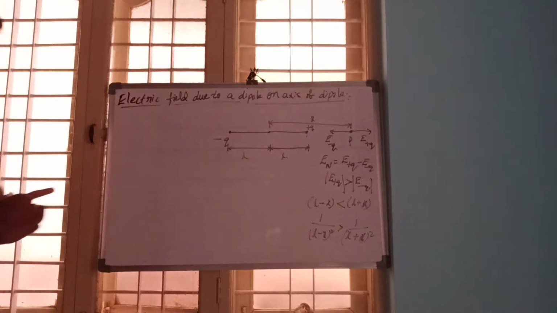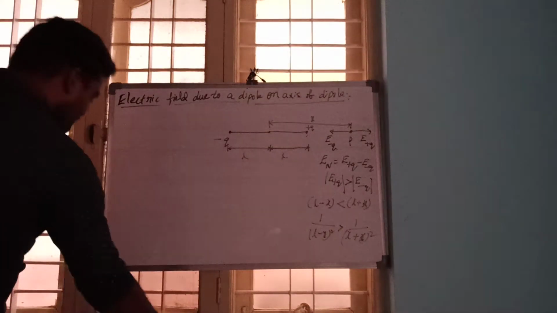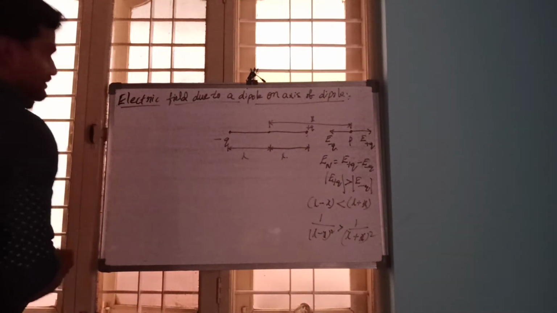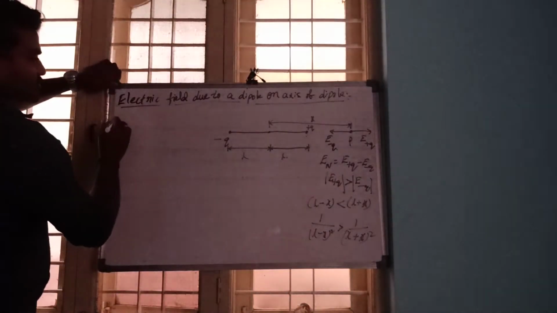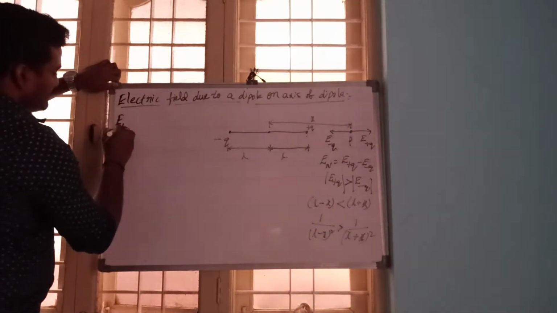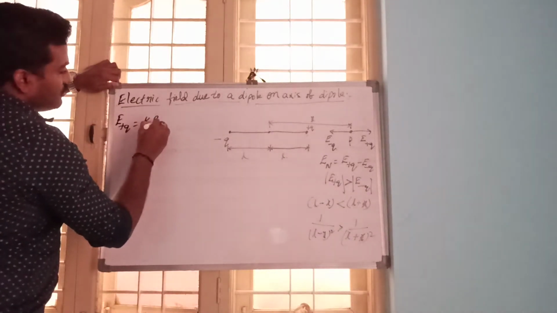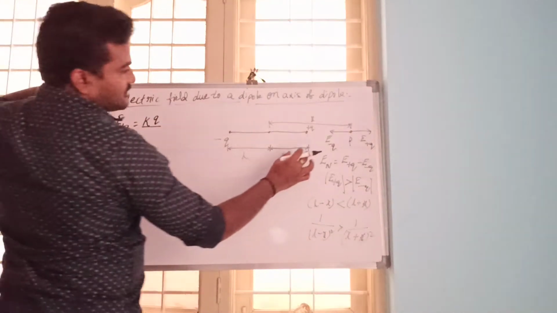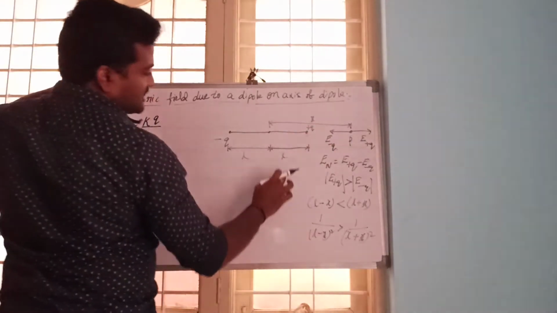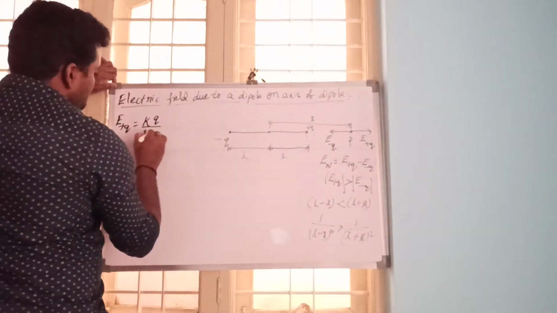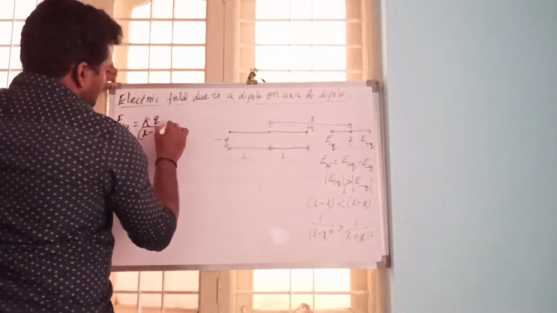Now let us write the electric field. Because of plus q, E plus q will be k, what is the charge? q. What is the distance? This is x, this is L, so it will be x minus L whole square.